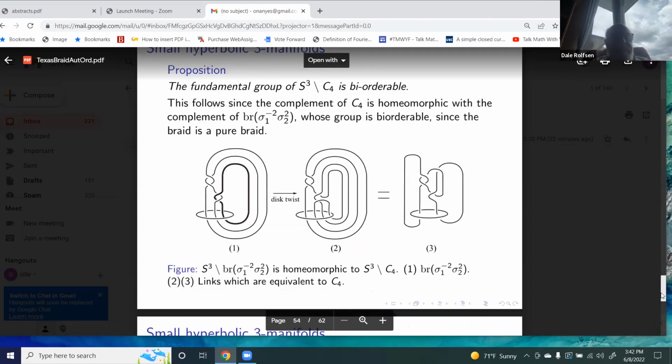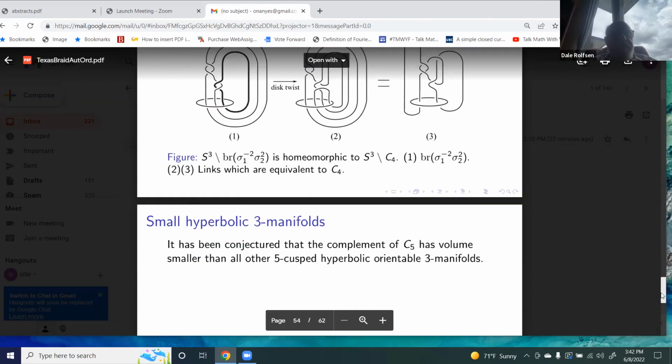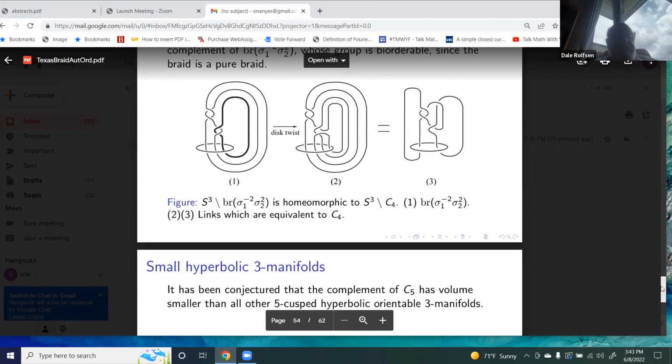Now, since the braid that we started with is a pure braid, the complement of that link, and also the link on the right, number 3, has biorderable fundamental group. So that shows the 4 cusp case.